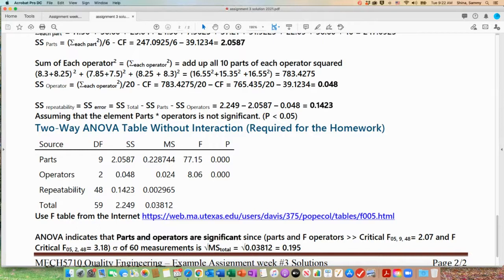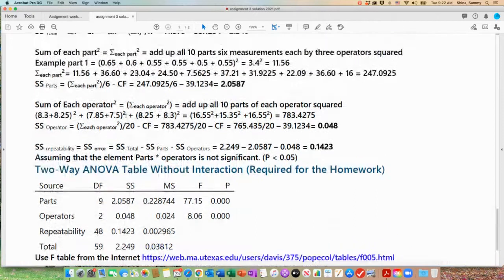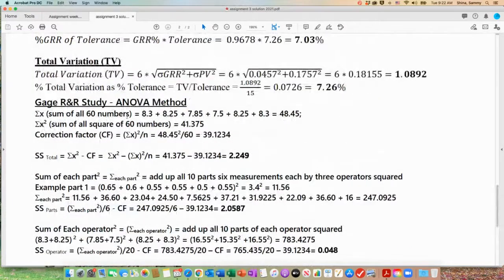So the X bar R method is percentage, and we want the measurement to be less than 10% of the specs. If we look at the total variation, we meet that. The variation is 7% of the specs. It's less than 10% of the specs. But there are problems with our operators.